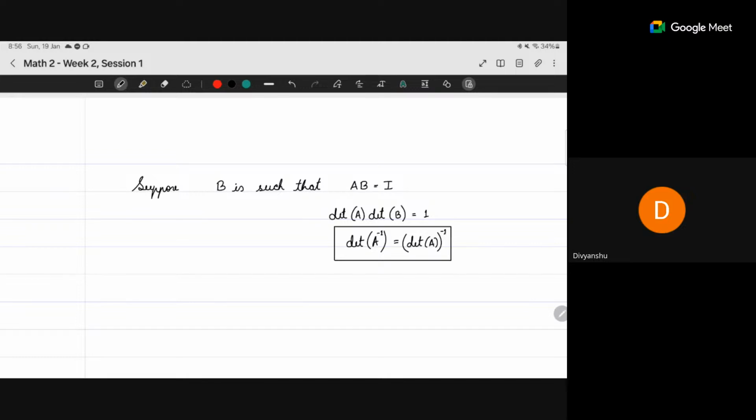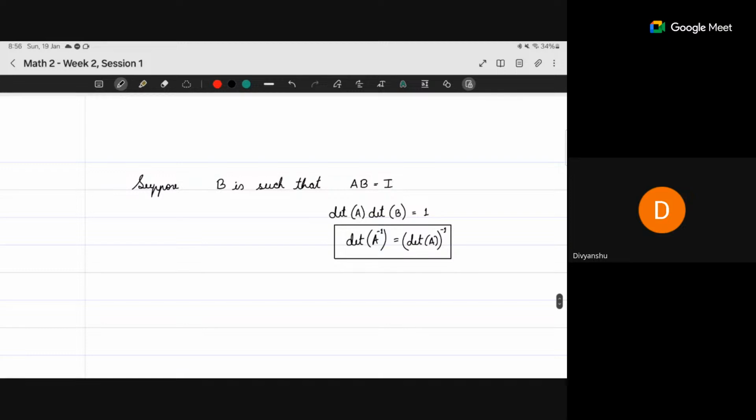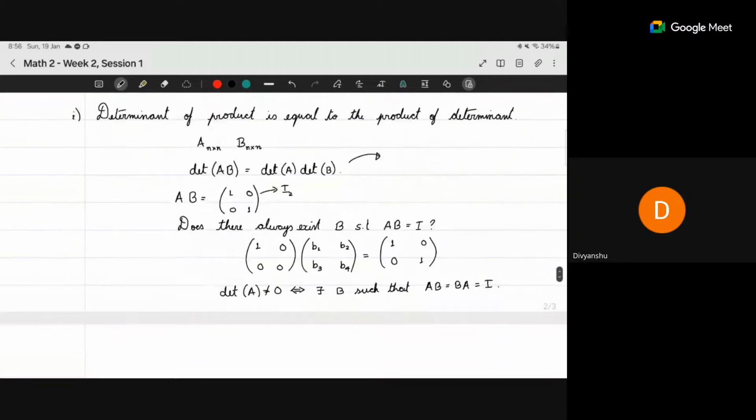Now, remember that this to the power minus 1 is happening in real numbers, which means it is just 1 by determinant of A. So that's one of the properties. In case you have to compute, let us say, the determinant of A inverse, you don't need to actually compute the inverse, which we'll see later, and then take the determinant of that. You can just compute the determinant and then just do 1 by that. So that's property number 1.